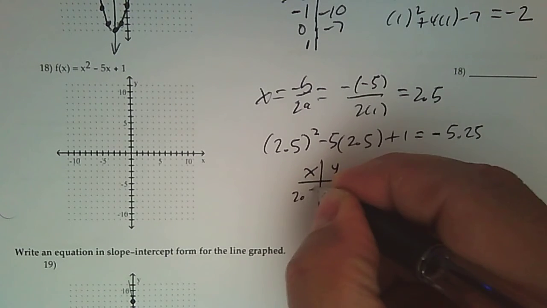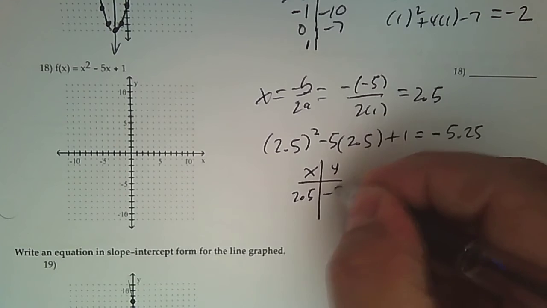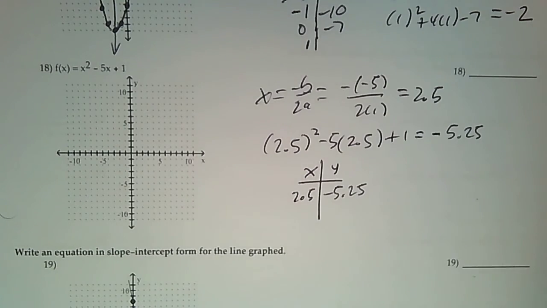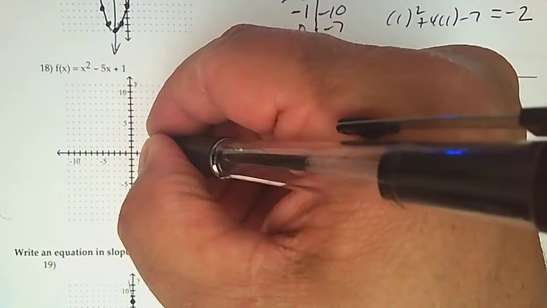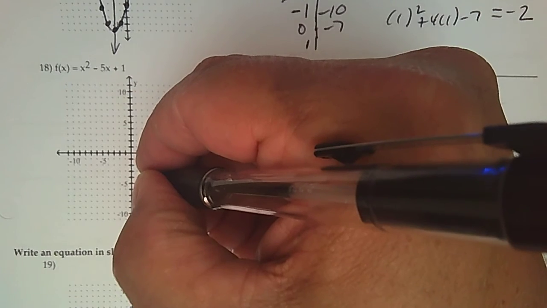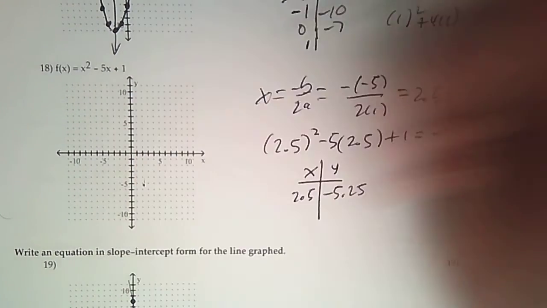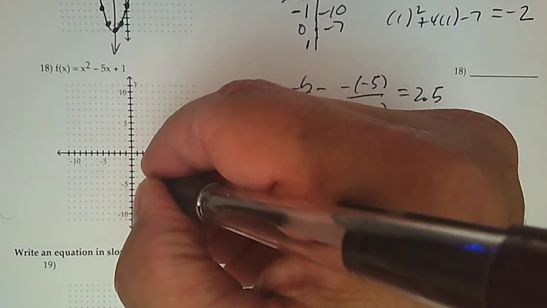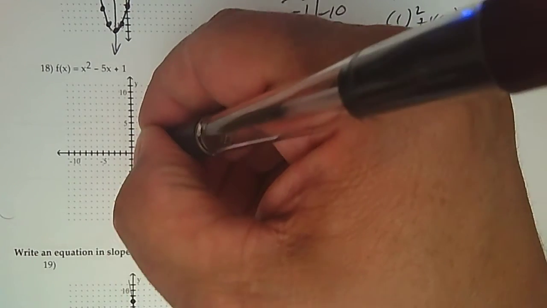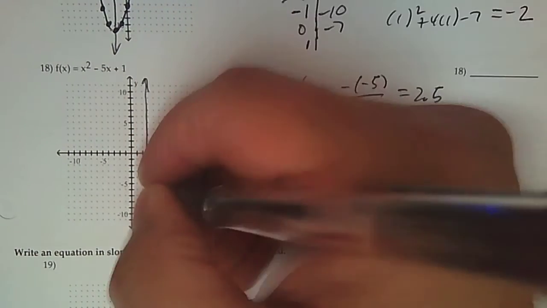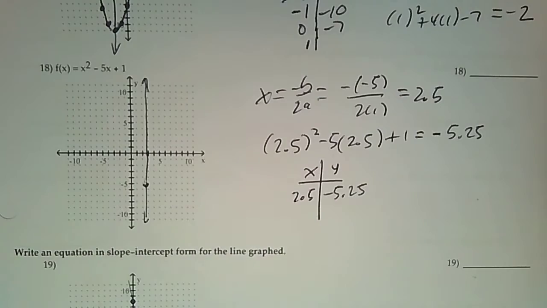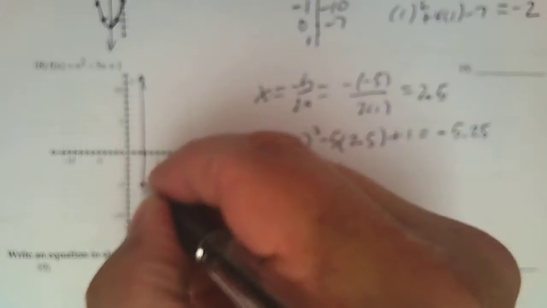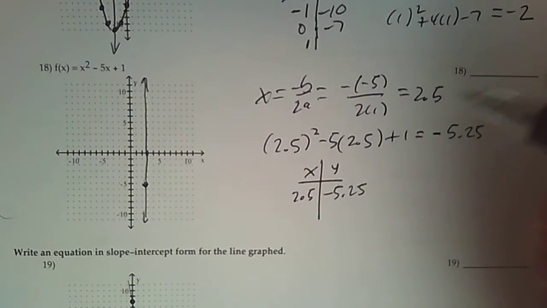So 2.5, negative 5.25. So I'm going to estimate where that is. And then draw the axis of symmetry that goes in the middle of those dotted lines. So there's my vertex.